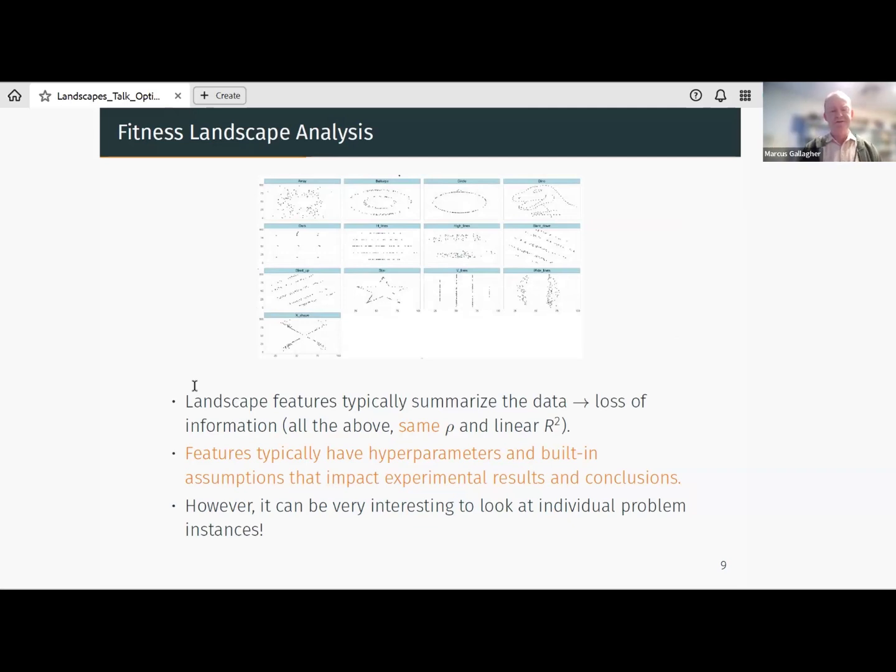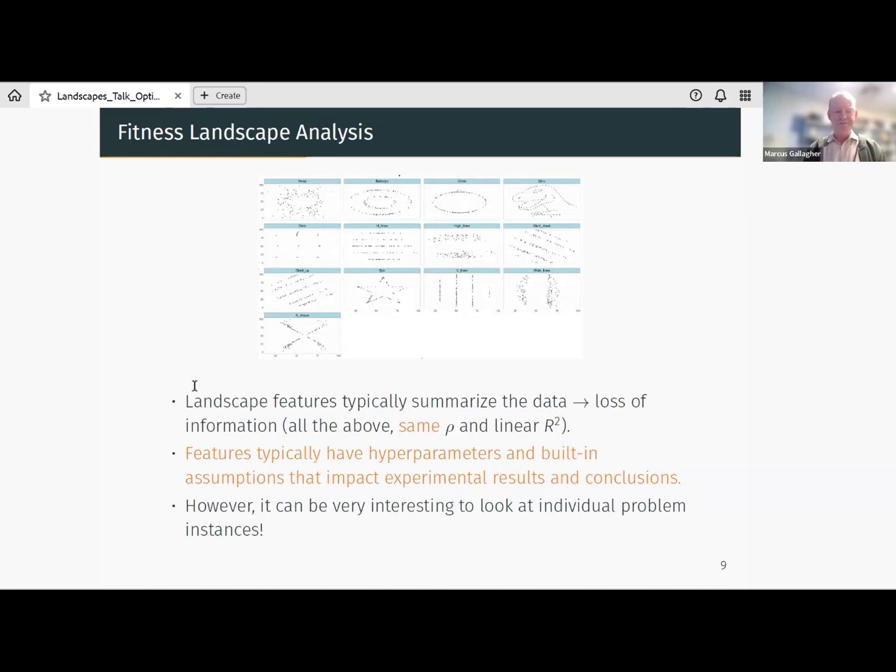So we shouldn't expect that the power of a feature to discriminate between different optimization landscapes might be more than somewhat limited.